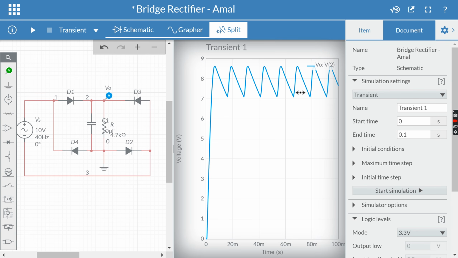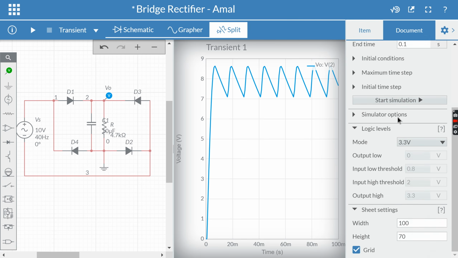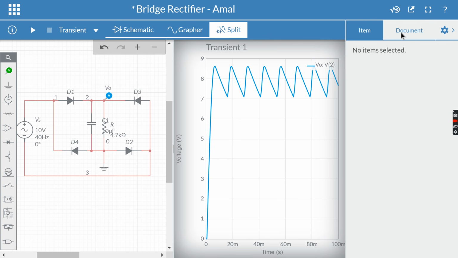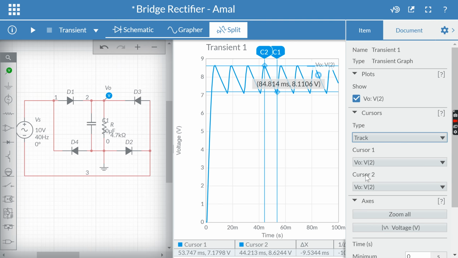Now, to measure the ripple voltage, what we're going to do is place cursors. To do that, we're going to simply click on the signal itself, the plot, and then choose the type of the cursor to be track.